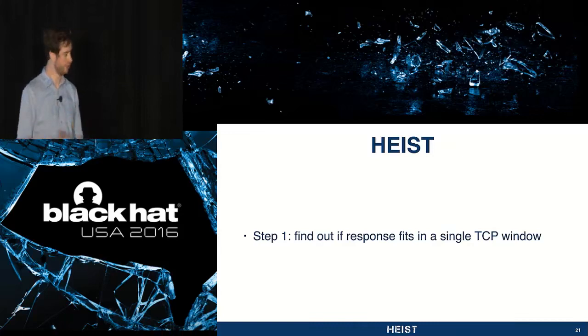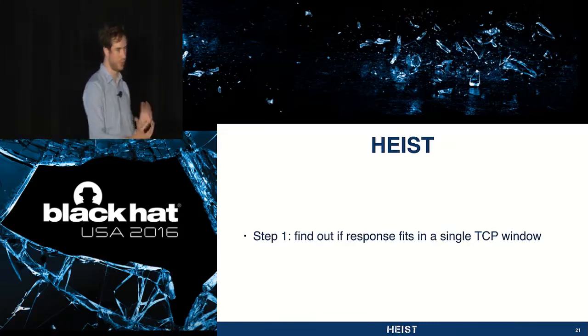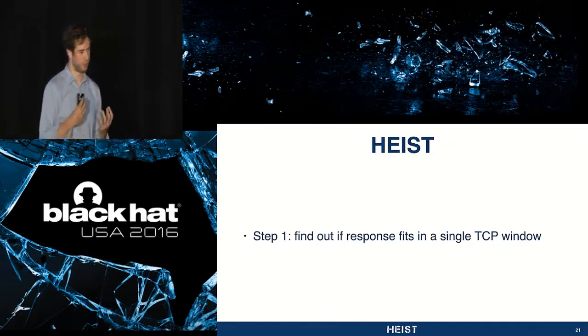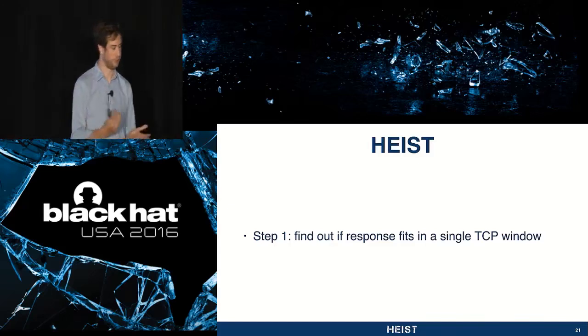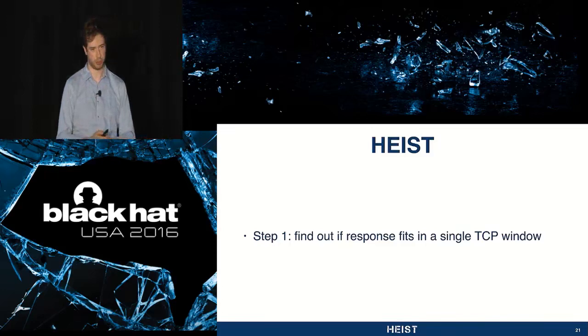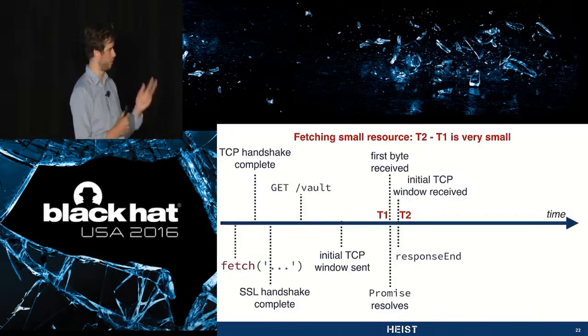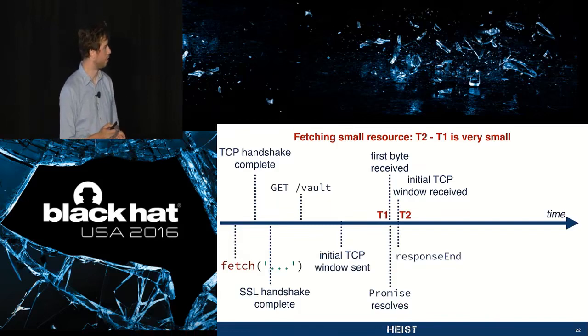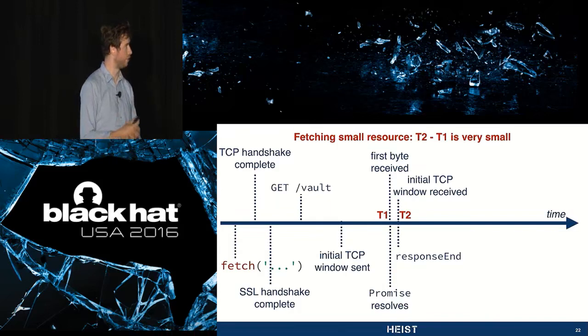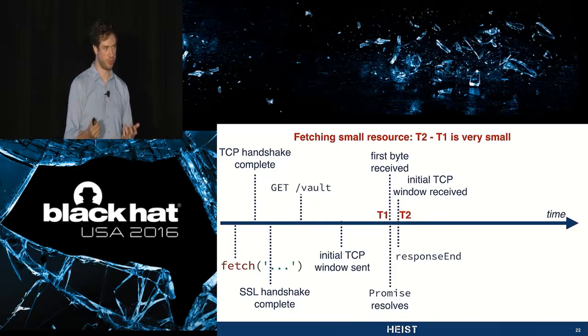HEIST consists of several steps, and in the first step we will try to leverage these side channels to determine whether a certain response fits into a single TCP window or whether it requires multiple ones. And for that we'll take a look at the timeline of what things get triggered when a small resource is sent to the client.